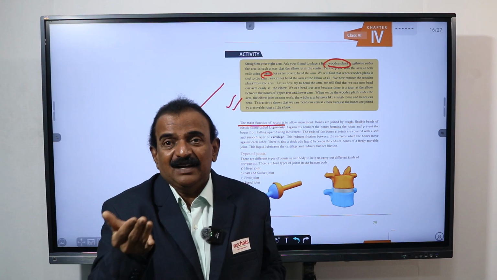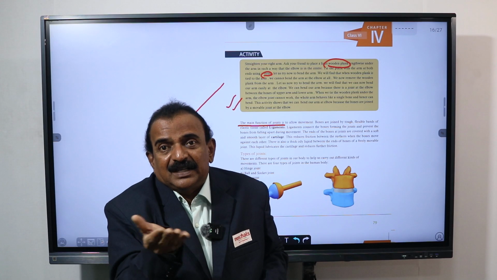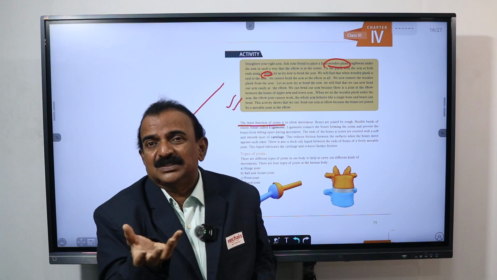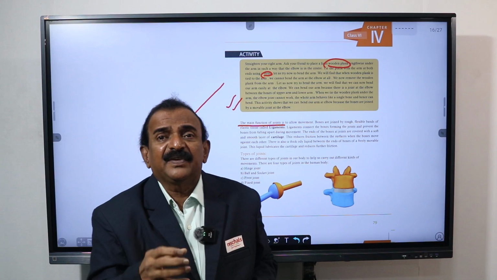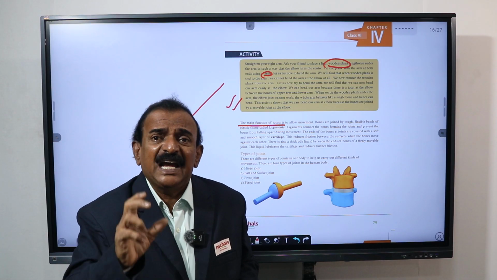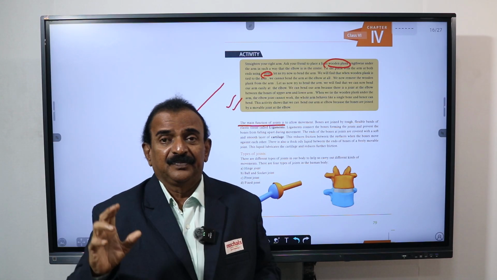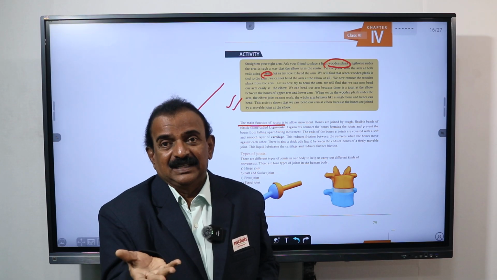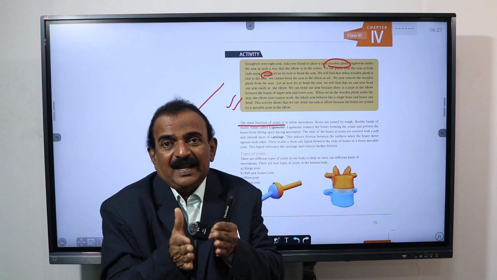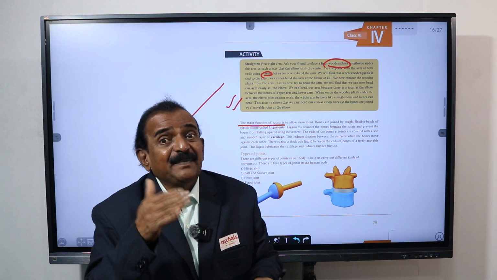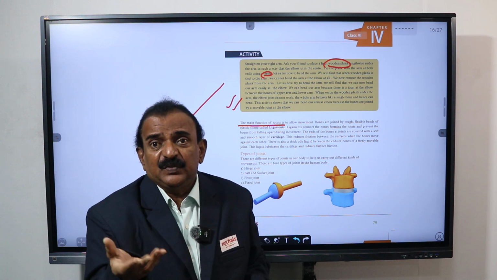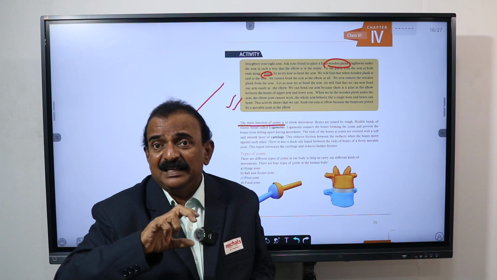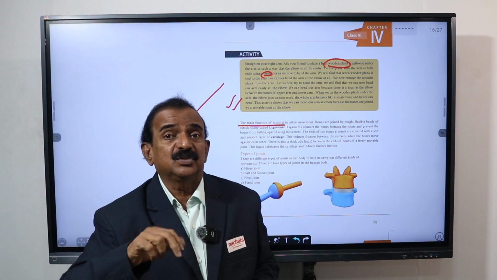Again, at the outer surface of the joints, the edges of the bones are covered by a soft tissue called cartilage, and it prevents friction. When two bones move at the joint, they may get friction, but this friction is not caused here, because cartilage prevents the friction of the joint bones.